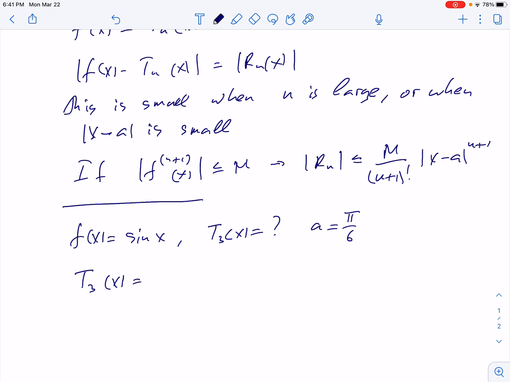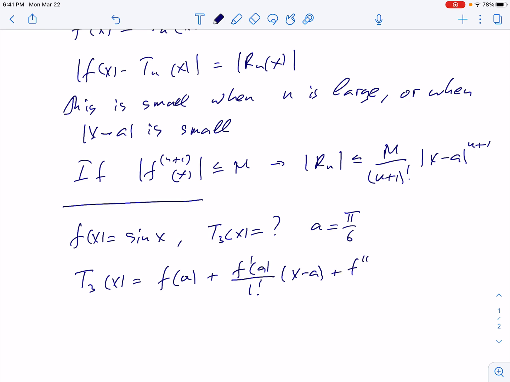The Taylor polynomial of order 3, T_3(x), is f(a) plus f prime(a) over 1 factorial, this is for symmetry, times (x minus a) to the first power.